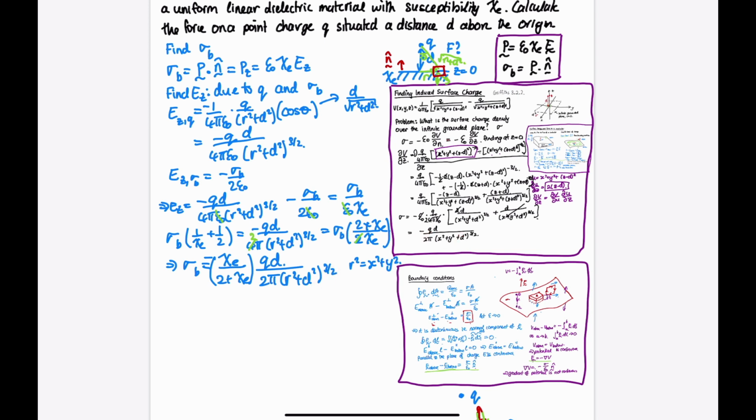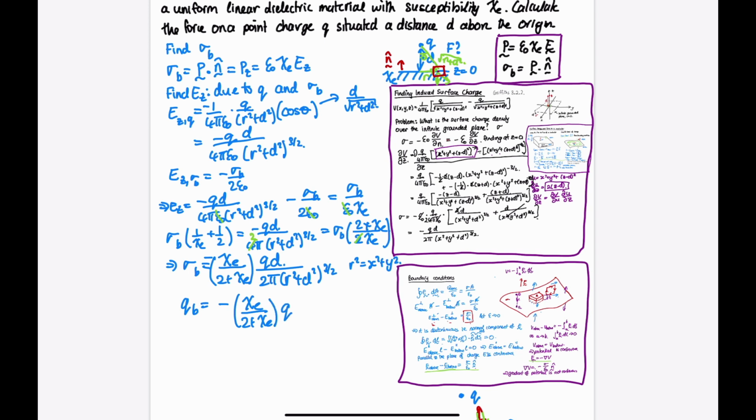So this suggests that these two are basically the same, but in this one we had the charge minus Q, and in this one the bound charge is given by minus the susceptibility over 2 plus the susceptibility times Q.